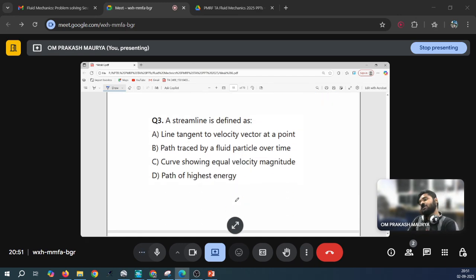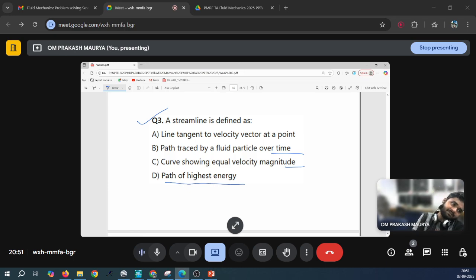Next question, question number 3. A streamline is defined as the line tangent to velocity vector at a point, path traced by fluid particle over time, curve showing equal velocity magnitude, option D, path of highest energy. Streamline.